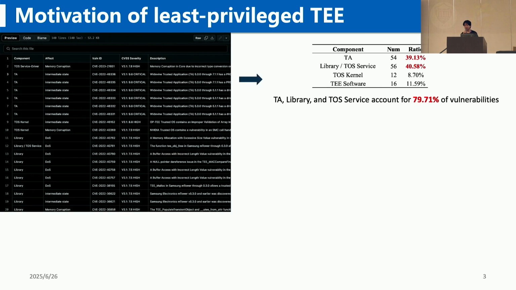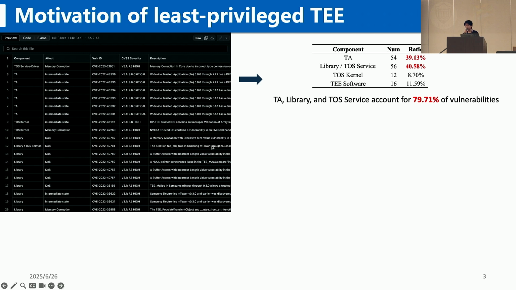We started by analyzing where vulnerabilities show up in the TE components. First, we gathered CVE reports using keywords like TrustZone, trusted OS, and trusted applications, and filtered for those marked high or critical in the CVSS scoring.